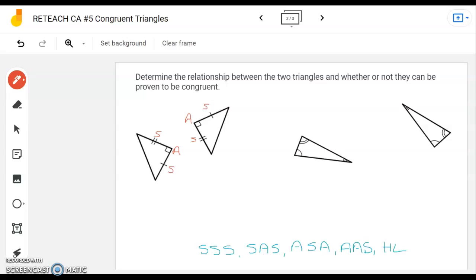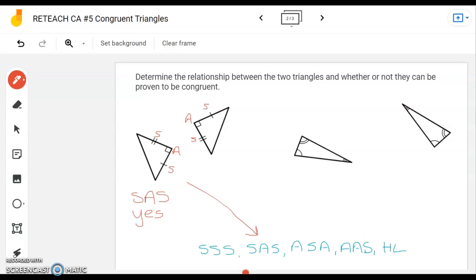Well, I've got a side, an angle, and a side. So are they congruent? Yes, they point to side, angle, side. So they can be proven congruent by side, angle, side.